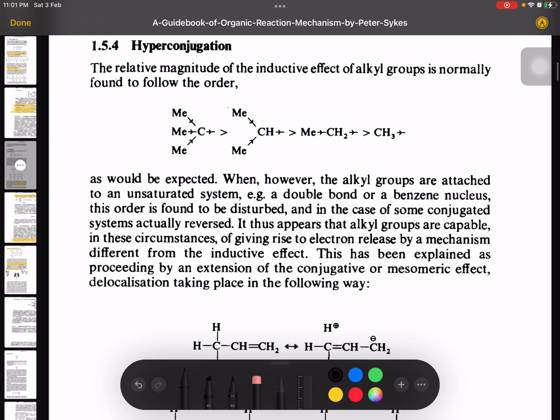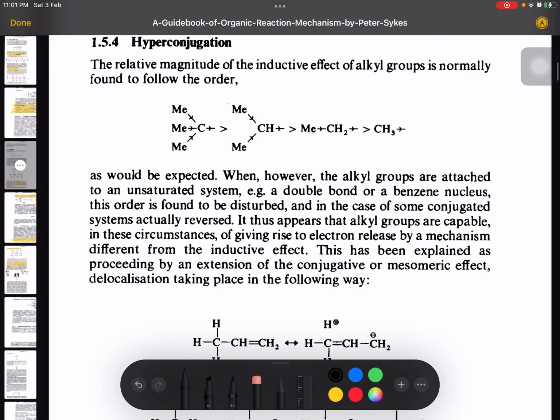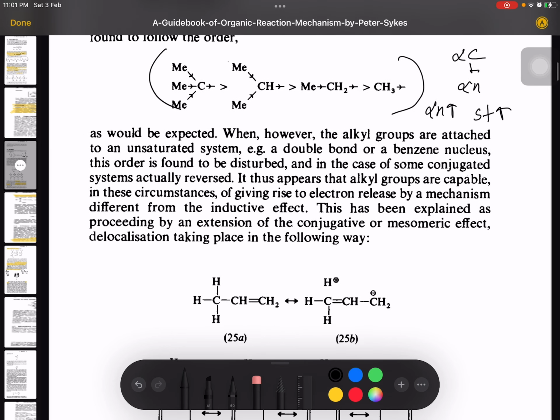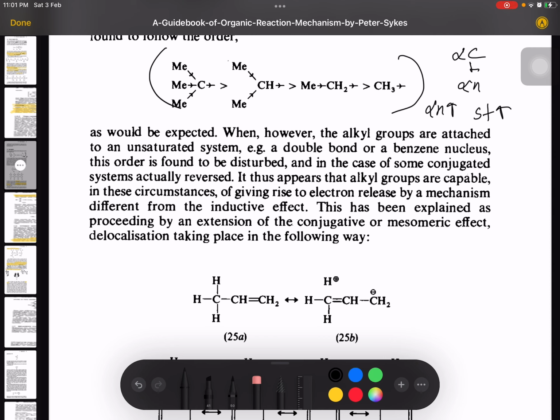Coming on to hyperconjugation. See here, what we check in hyperconjugation is the alpha carbon, and in that alpha carbon we check the alpha hydrogen. This alpha hydrogen increases stability. Whenever an alkyl group is attached to an unsaturated double bond or a benzene nucleus, the expected order is found to be disturbed, and in the case of some conjugated systems actually reversed.